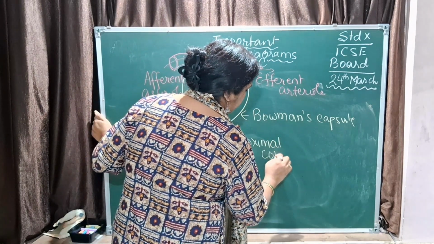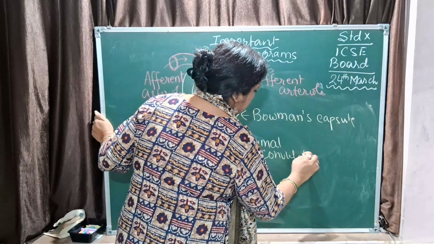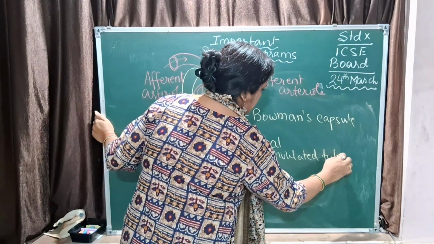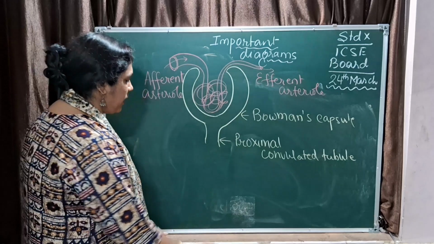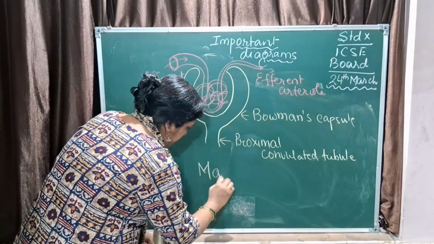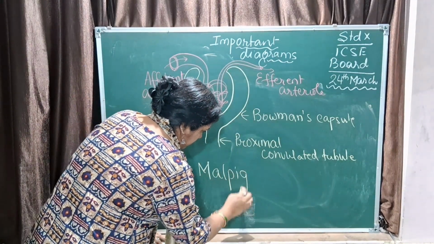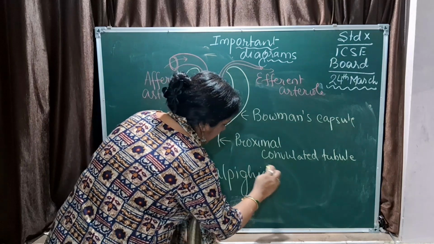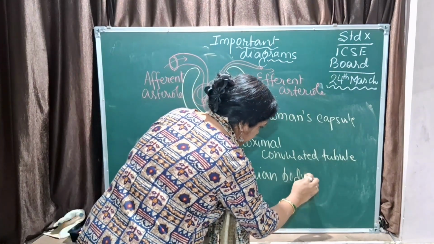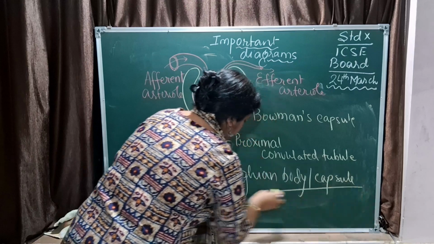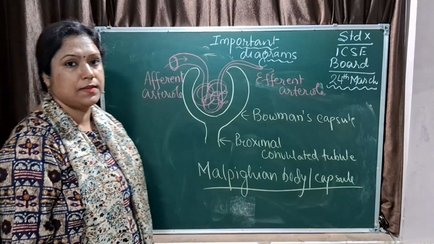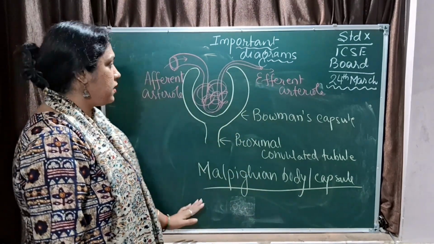Proximal convoluted tubule. Is the diagram clear? This is your Malpighian body or capsule. Yes? Easy? You can take a screenshot.